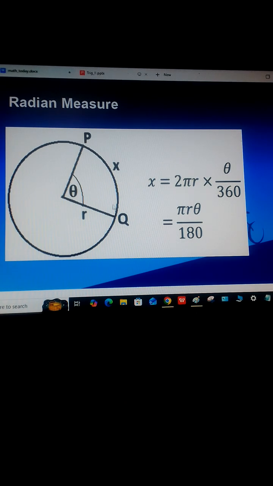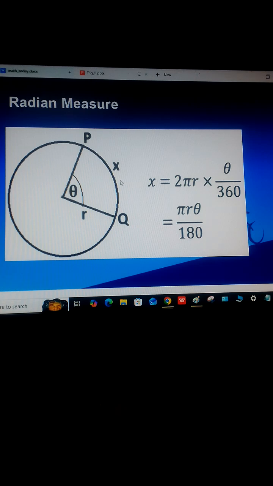Now, we know that the circumference of a circle with the radius r is equal to 2 pi r. But x is a fraction of that circumference.